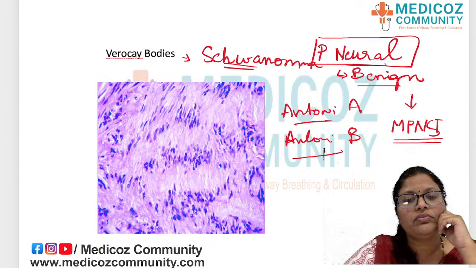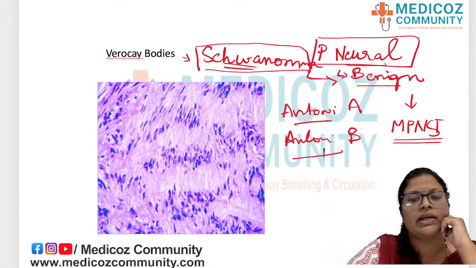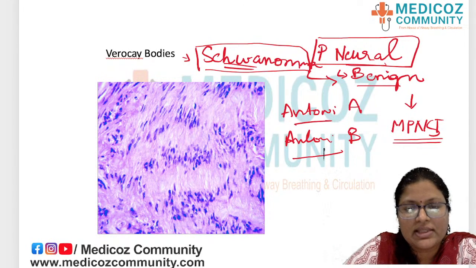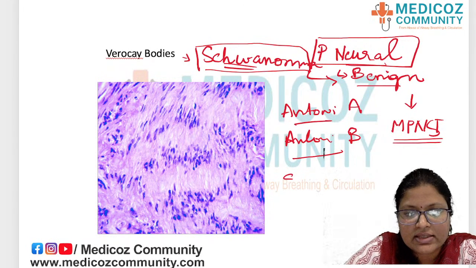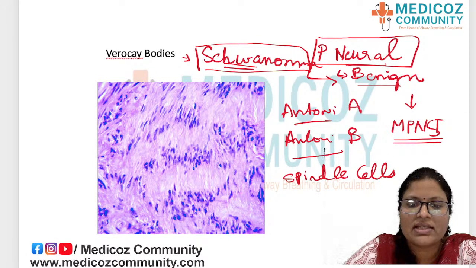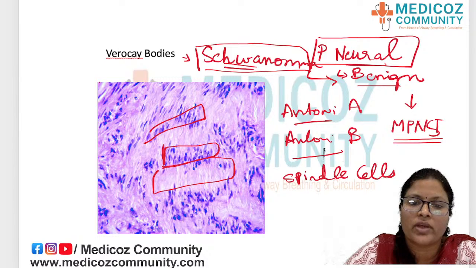Okay. So this schwannoma is usually well encapsulated, benign in nature, arises from the peripheral nerves, and here you can see these spindle cells. Spindle cells are seen, and this area does not have a blue appearance, and suddenly this area has. So this palisading of the nuclei of these fibers are called Verocay bodies.